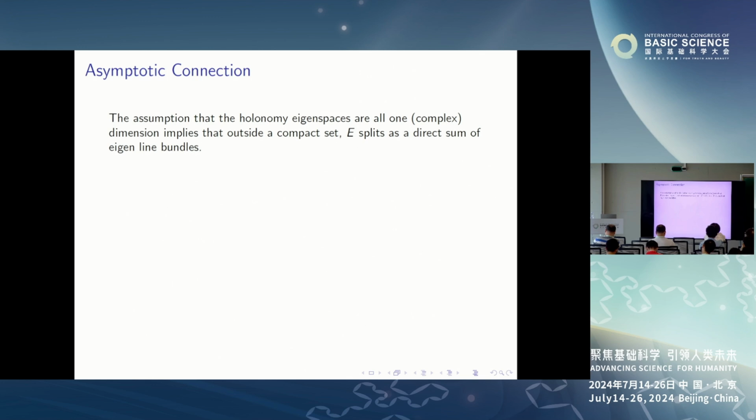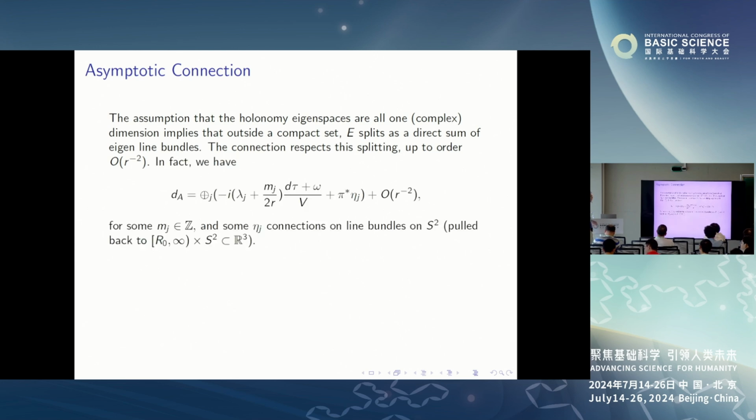The assumption that the holonomy eigenspaces are eventually all one complex dimension implies that outside a compact set, E splits as a direct sum of eigenline bundles. The connection respects this splitting up to order O of r to the minus 2. In fact, we can write out explicitly the asymptotics of the connection up to order r to the minus 2.